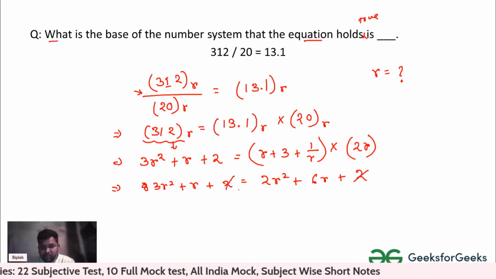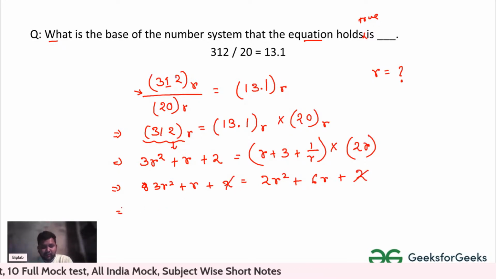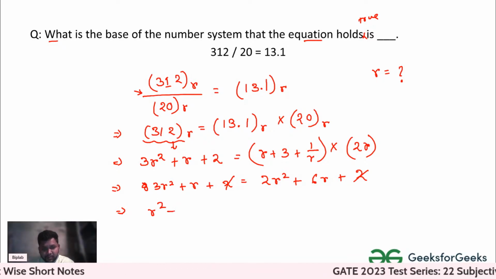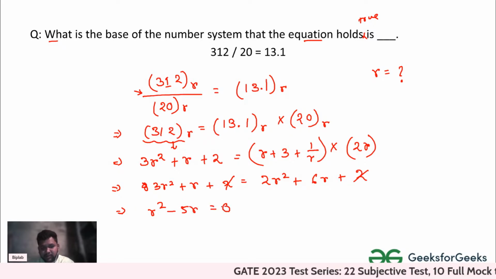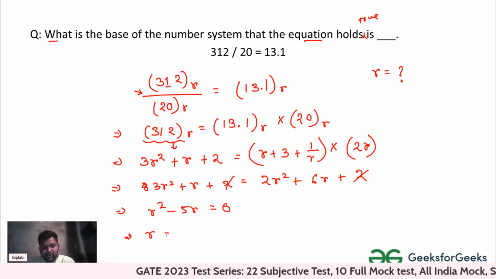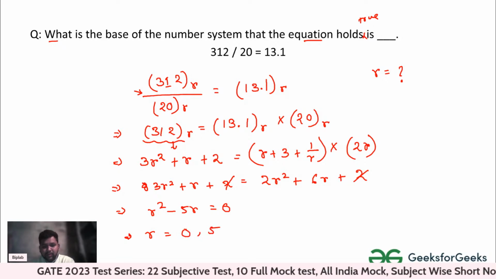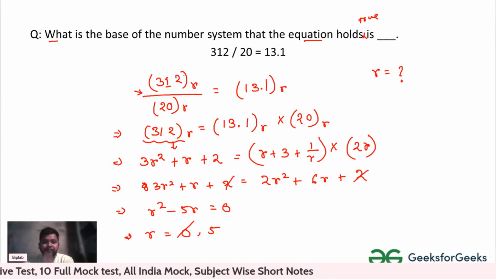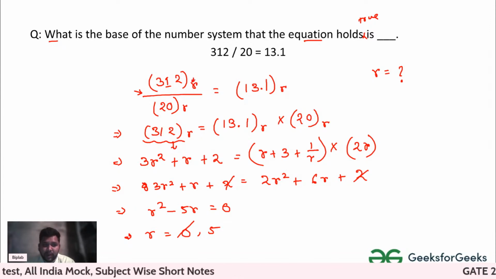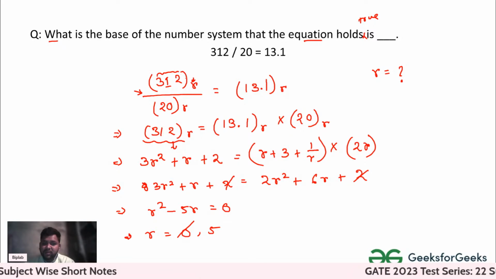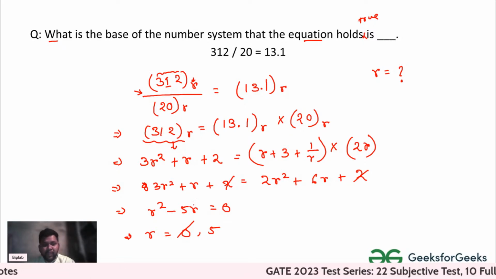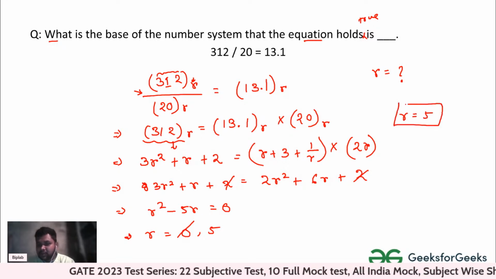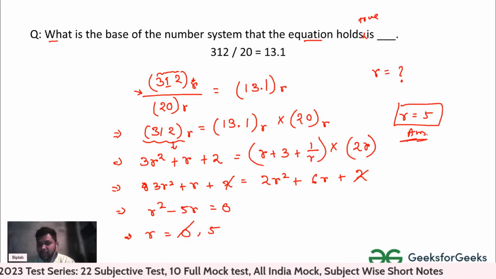So 2 cancels out, and you have r square minus 5r equals 0, which results in r equals 0 or 5. Now it is clear that r cannot be 0, because r should be greater than all of these digits, so r is surely 5. So our answer is r equals 5.